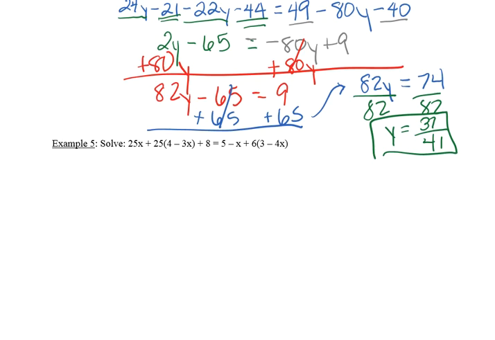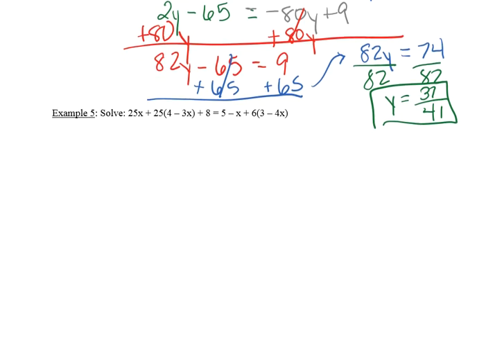Okay, last one only has 2 sets of parentheses. And as I'm working through these, the key is just to keep track of what's the same and what's not, combine like terms, and not to lose the signs. So we'll do this last one together. I'm going to multiply the 25 by the 4 and the negative 3x.